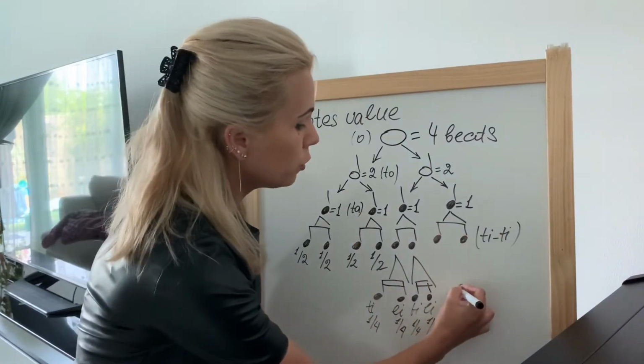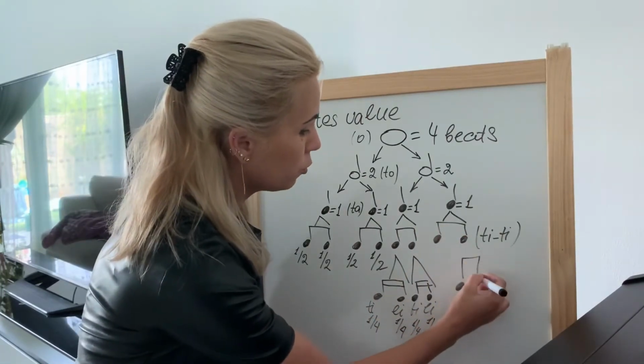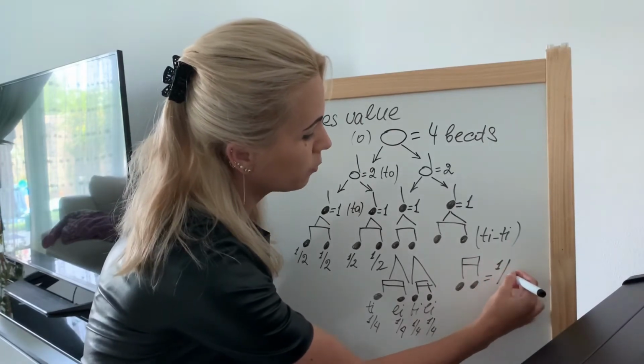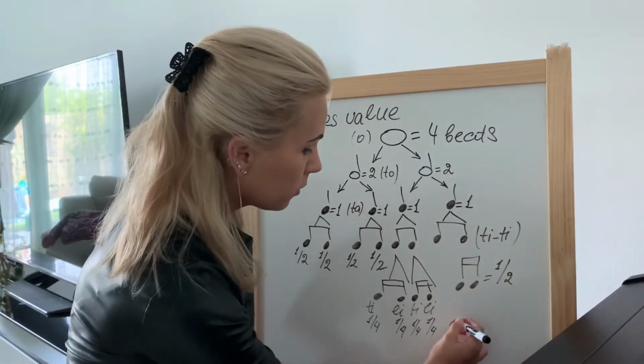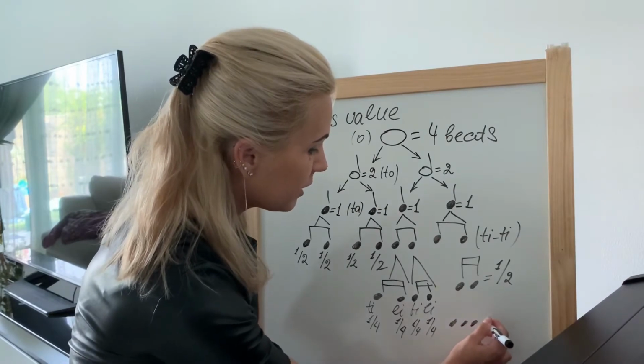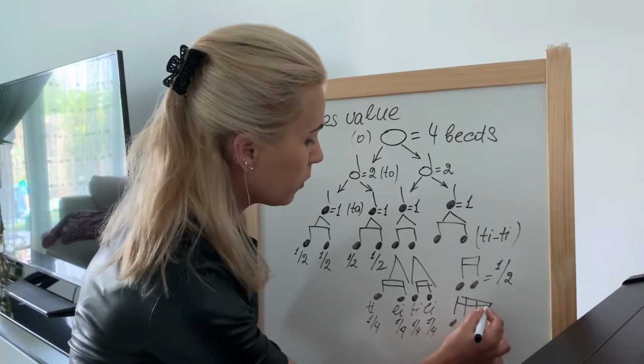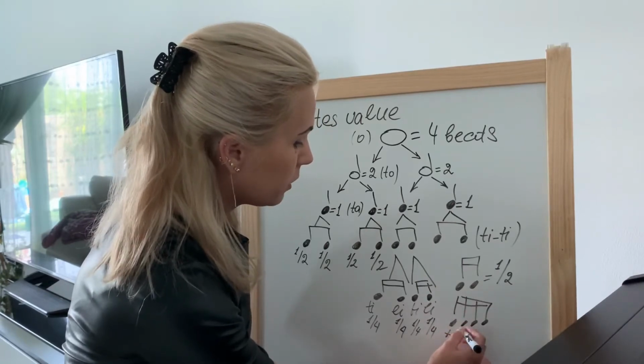So your two tilly will be equal to half a beat, and 4 tilly tilly will be equal to 1 beat.